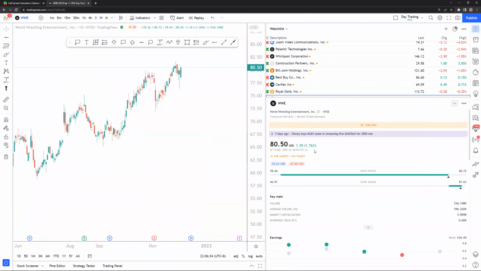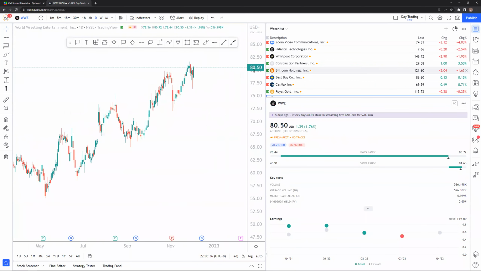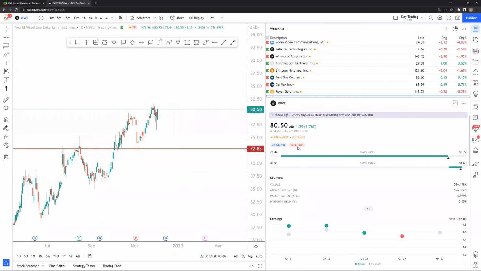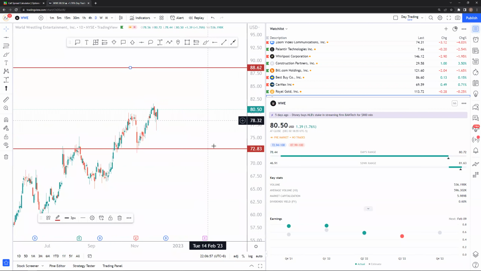You can see that the pre-market price for counters like WWE, if you look at the spread, it's ridiculous. The buy price is all the way at 72.94, so if someone is selling into that, it is all the way there. And if someone is buying, it's 87.99, which is all the way there. So I don't think anybody is trading counters like WWE at pre-market.